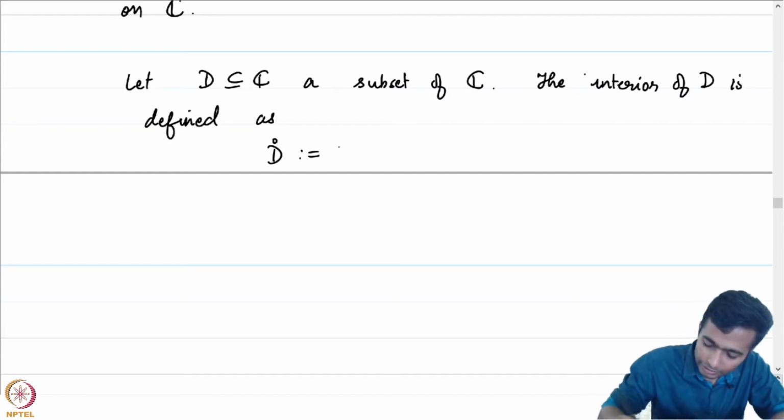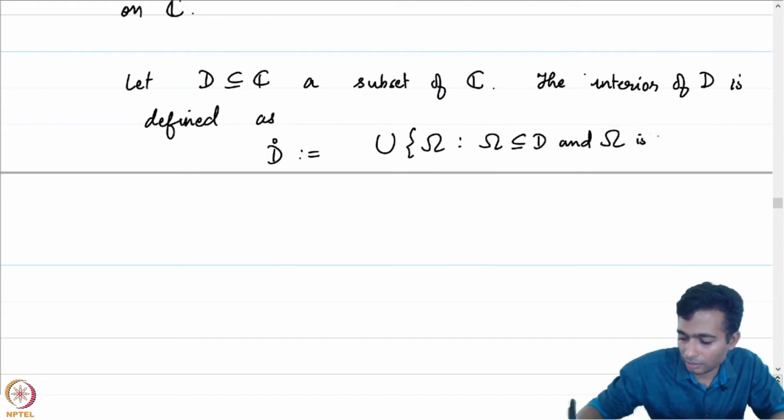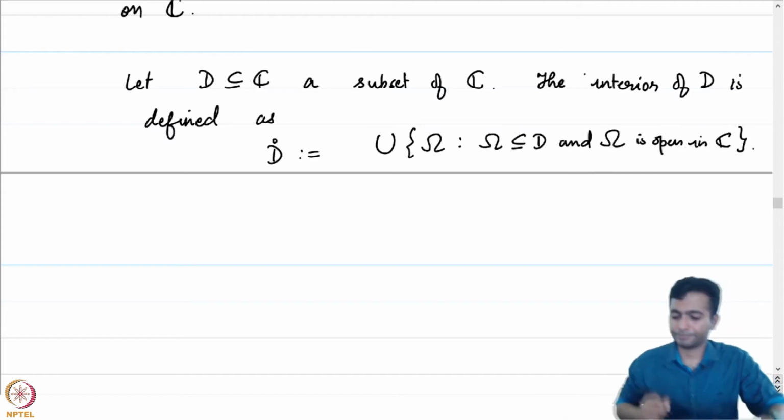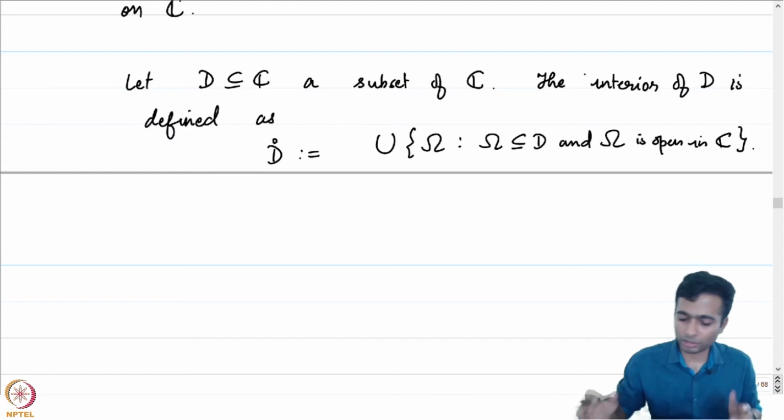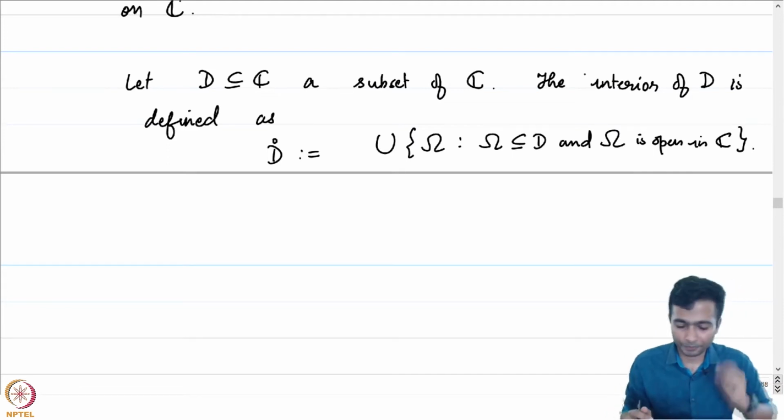This is defined as the union over all omega such that omega is contained in D and omega is open in C. So you look at the union over all such open sets contained in D, and whatever we get is called the interior of D.